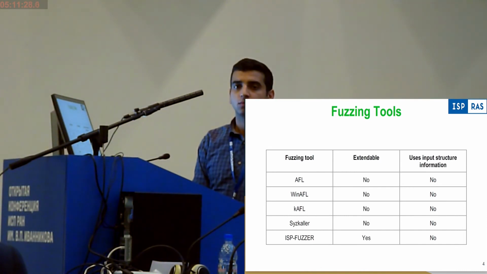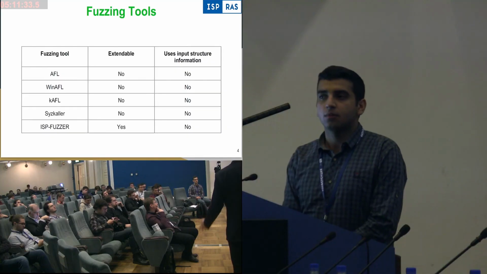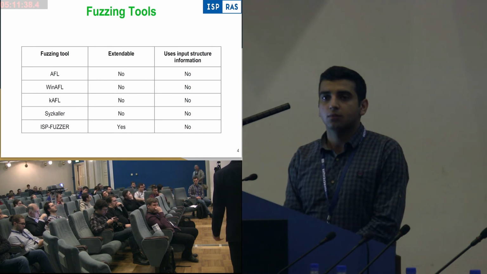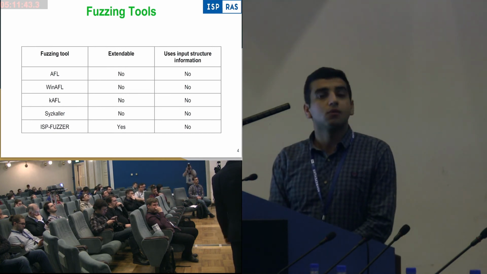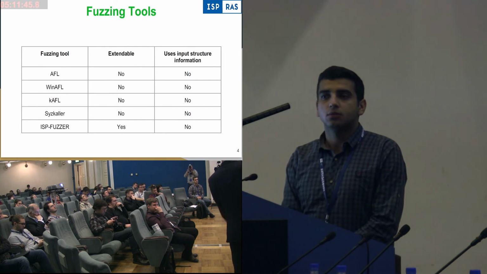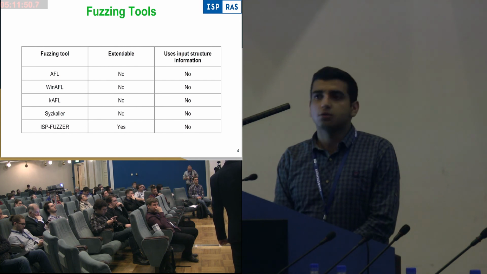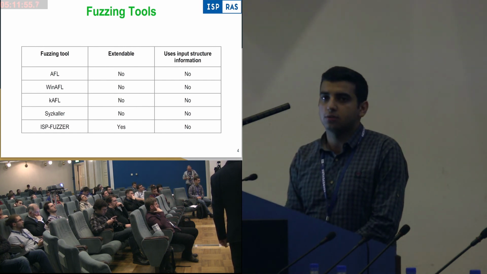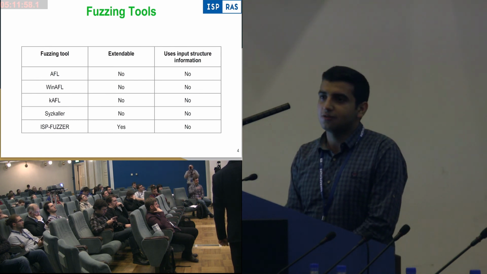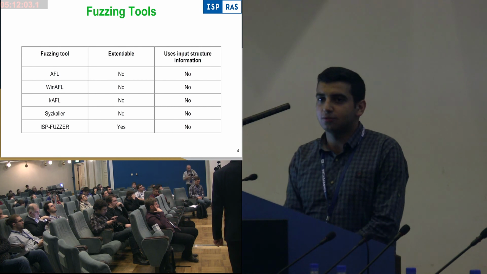Syzkaller allows you to specify the types of input data for system calls, file descriptors and how the structure looks like. So there is a special language of specification for this. And if you just look at this table, then it's a huge question mark. Why in this bar it stays, why no in syzkaller? As far as I know, syzkaller doesn't use such information. But we can say that the majority of fuzzers do not use such information.